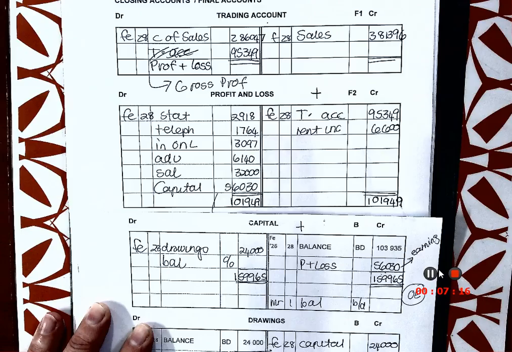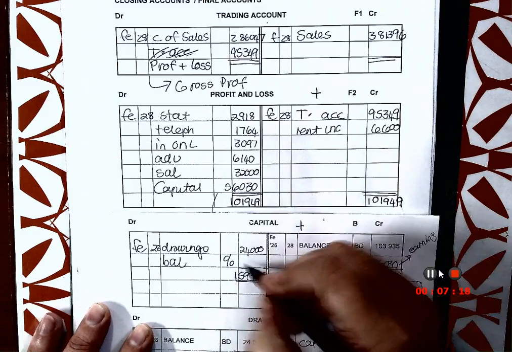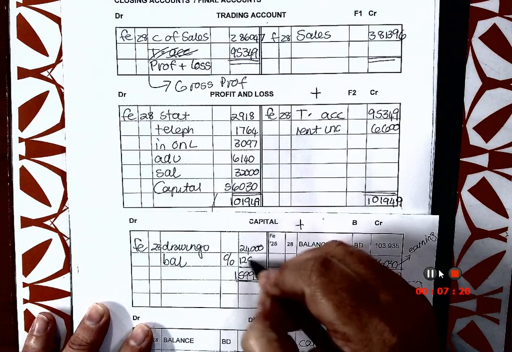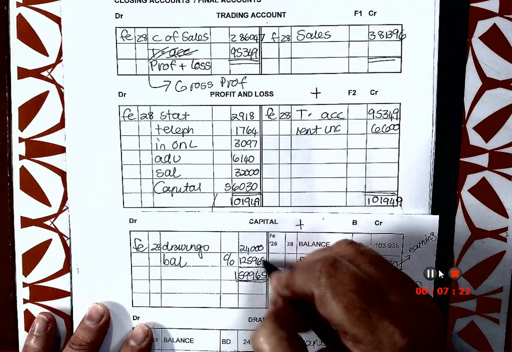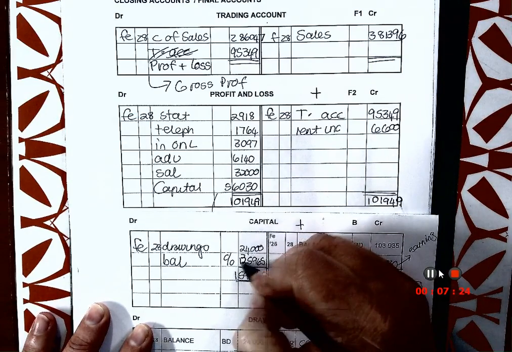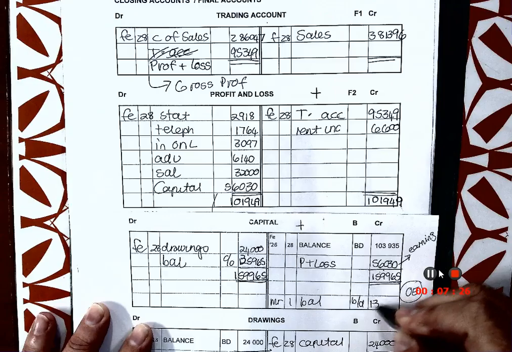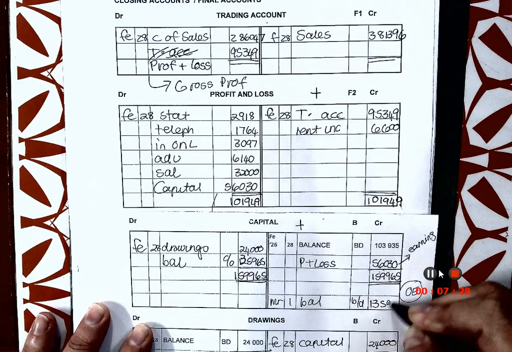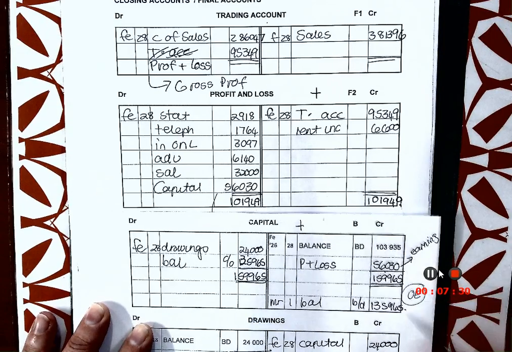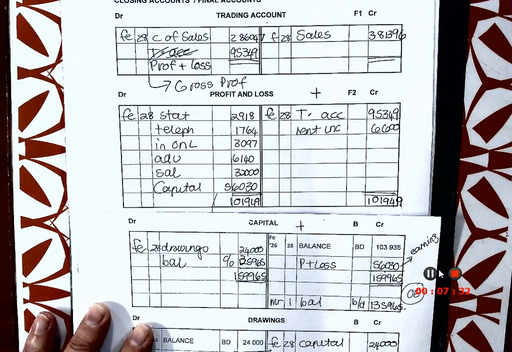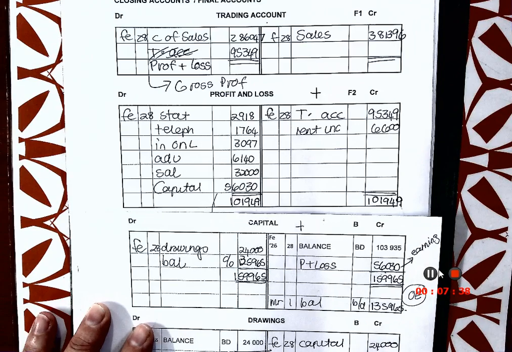Less 24 gives me 135965. Okay. Are we sharp? Okay. Any questions up to here?